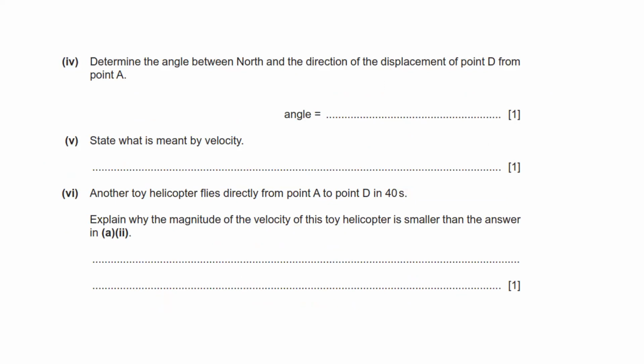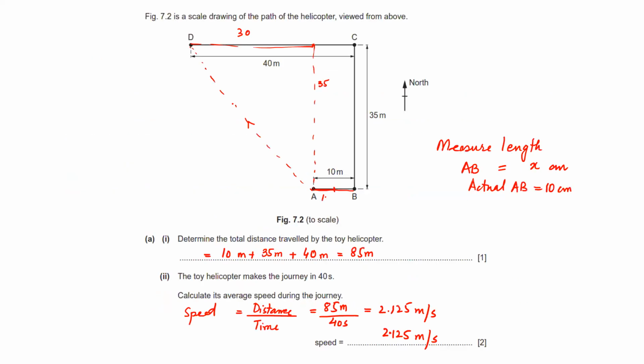Then it says determine the angle between north and the direction of displacement from the point A. So on this figure, draw a straight line and measure this angle.